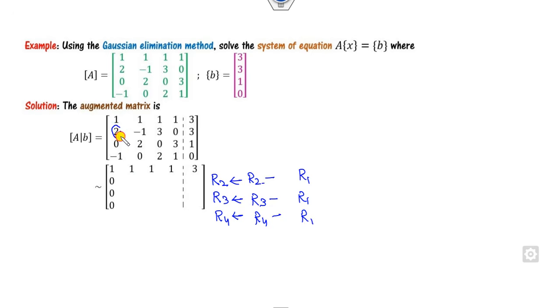So R2 firstly, R1. 2 divided by 1 is 2. 0 divided by 1, 0. Minus 1 divided by 1 is minus 1. It's plus 1. Fine. So how can you compute? Either you can use this operation, or otherwise you can use this shortcut trick. Previous value, for this case, is minus 1. Here, these are the 4 elements. Minus 1, minus 2.